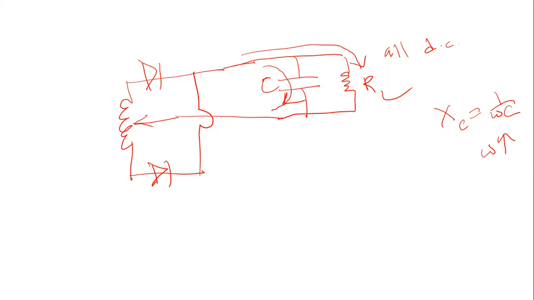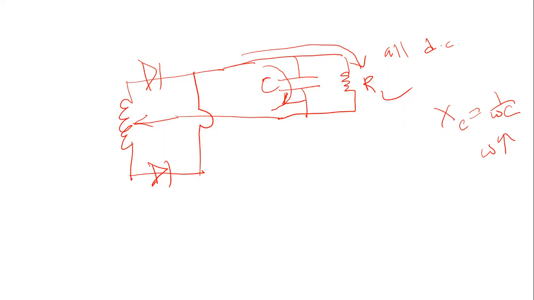Instead of passing through the load resistance like usual, it will be bypassed by this capacitor, and most of it will not be able to reach the load resistance. In this way, we can filter out the AC component by connecting a capacitor in parallel.